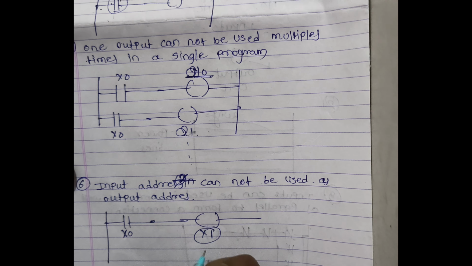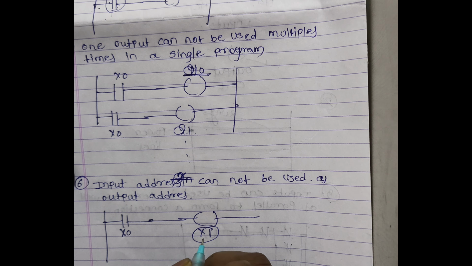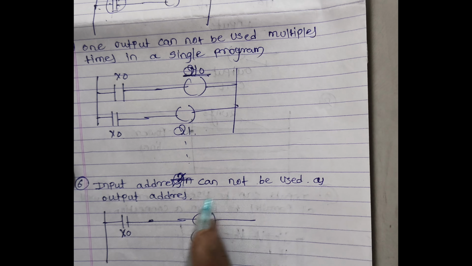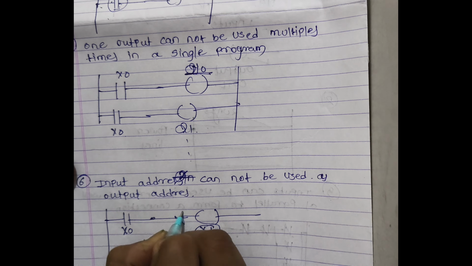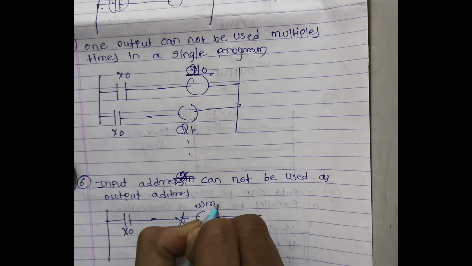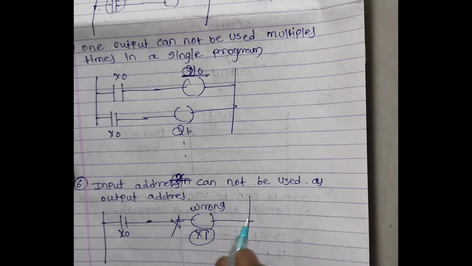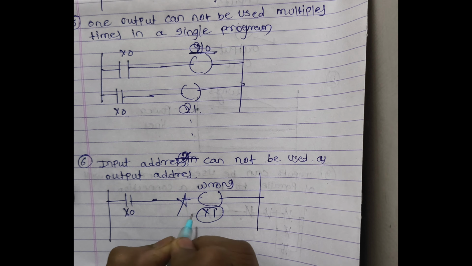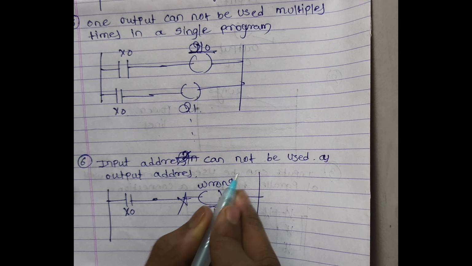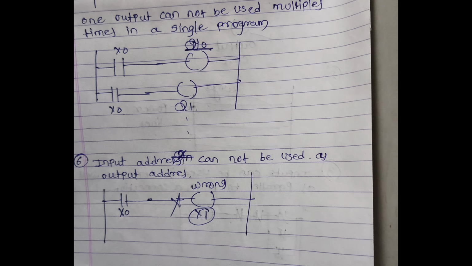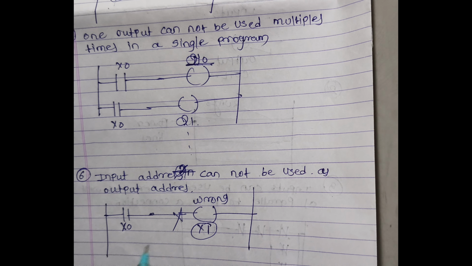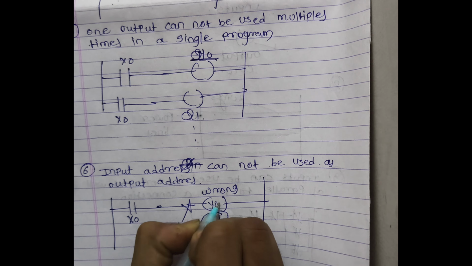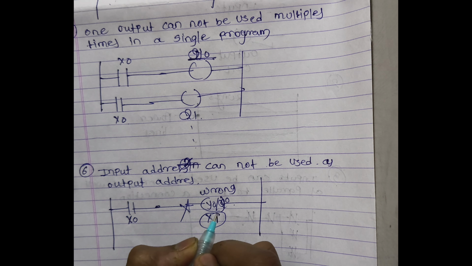X1 is an input address, and our rule says that an input address cannot be given as an output address. So this is a wrong method and your PLC program will not run properly. We can only use an output address like y0 or q0 here.